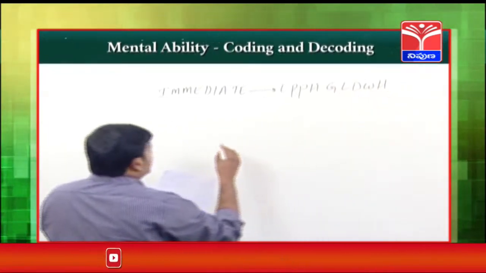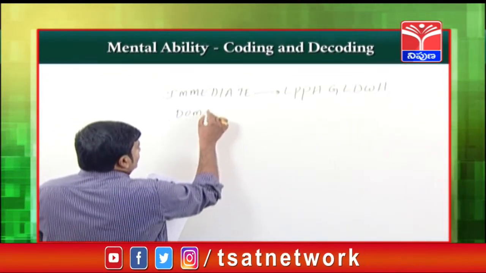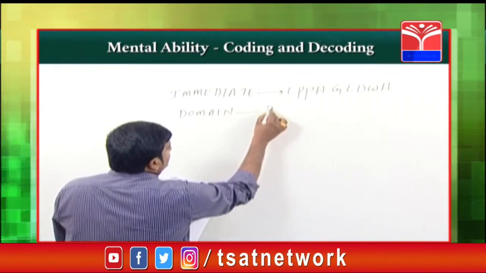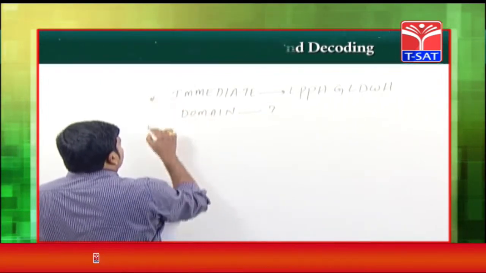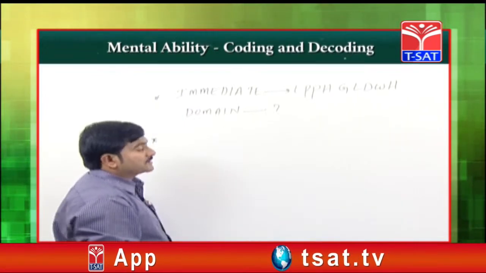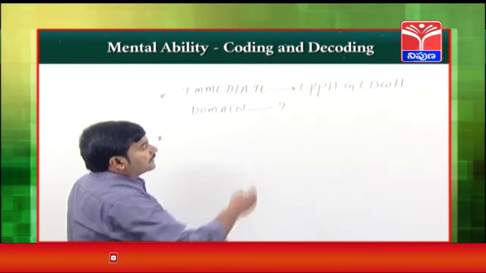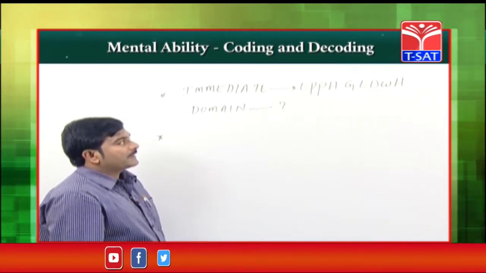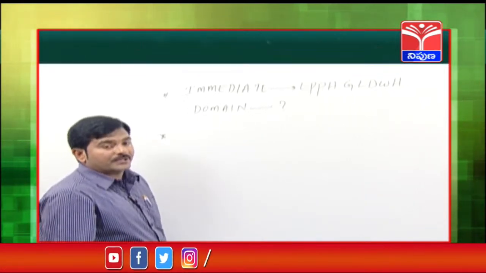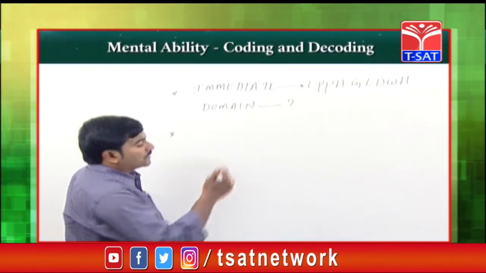Then what is the code for the word domain? So this is one more question. Now we'll discuss 2-3 questions.